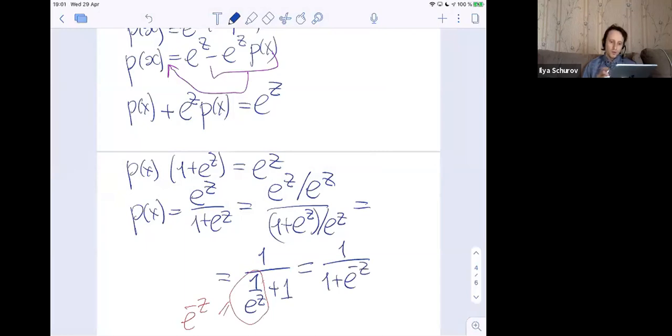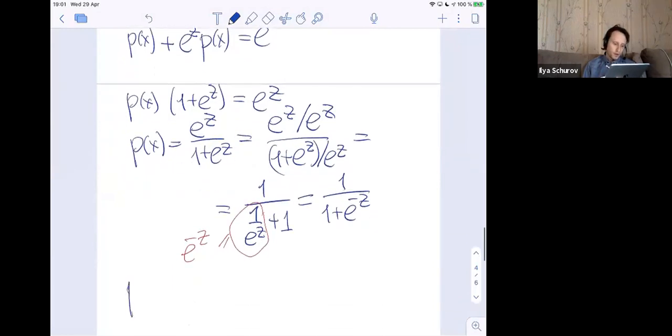So this is our function. I can recover what z is, and I can write it in the following way. Like this.